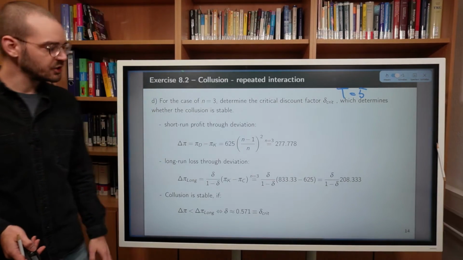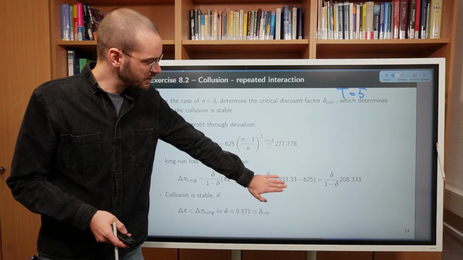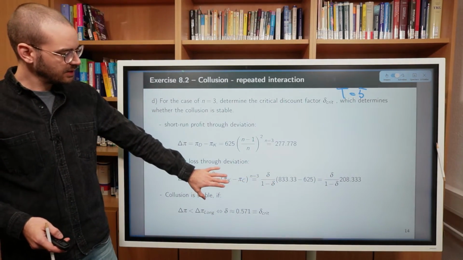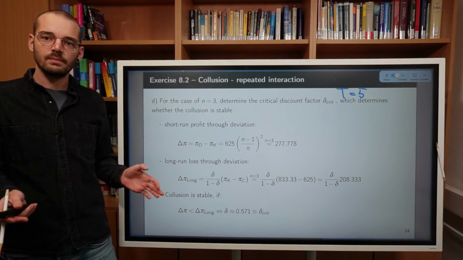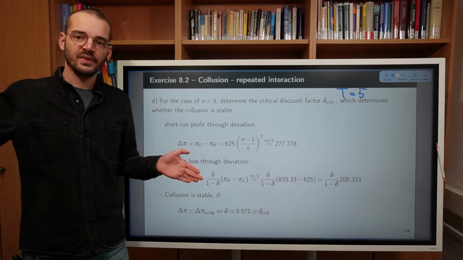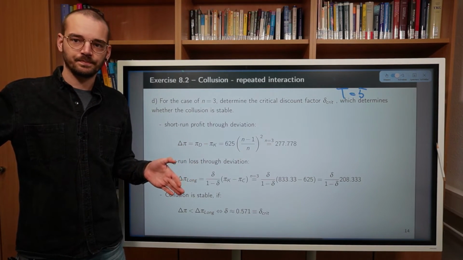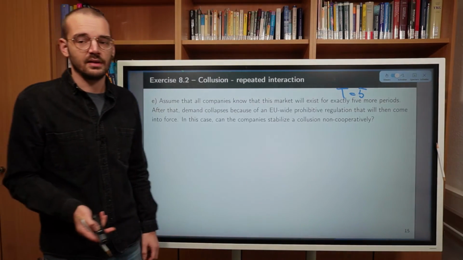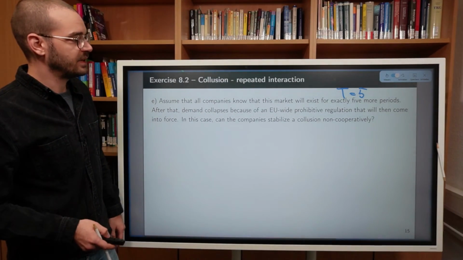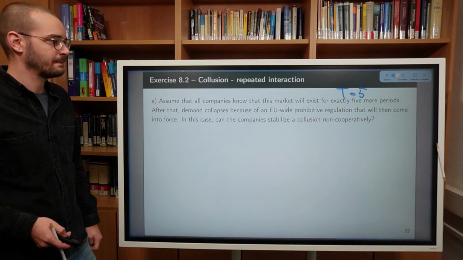Because this whole logic we applied earlier, of course, only worked because we were taking the sums of infinite geometric sums. What happens if these sums are no longer infinite, but rather have some final period, for example t equals 5?